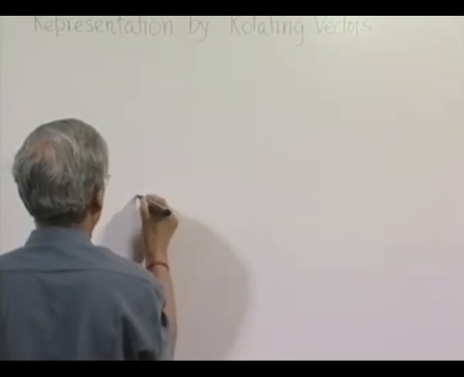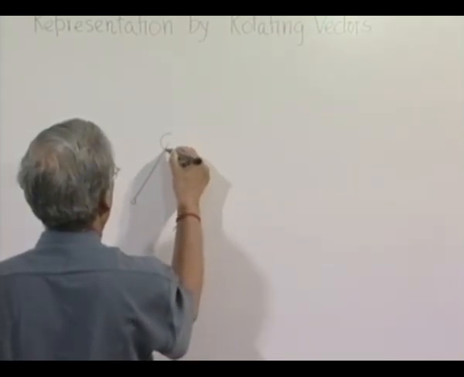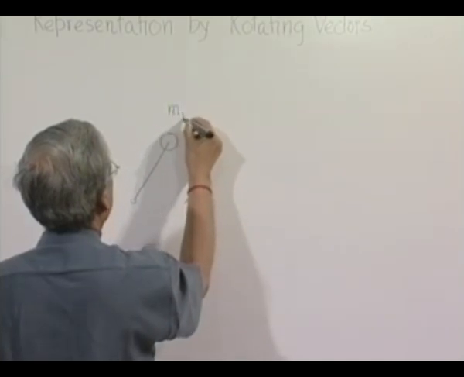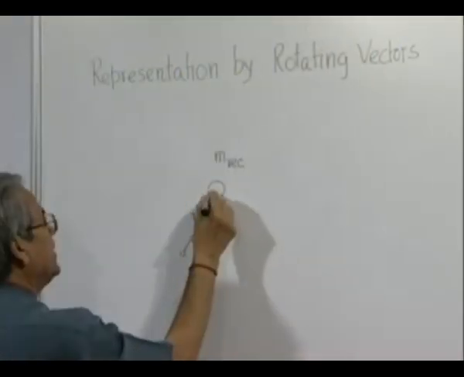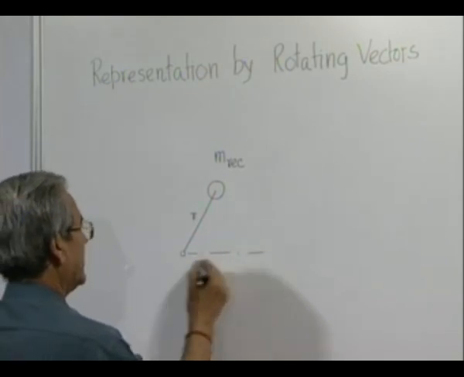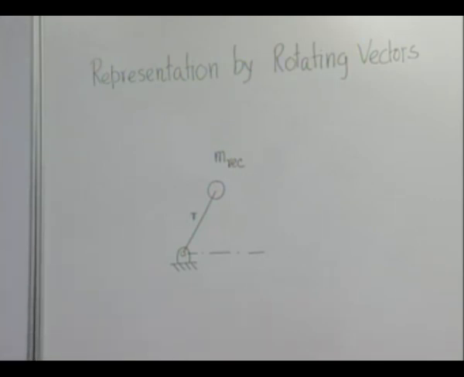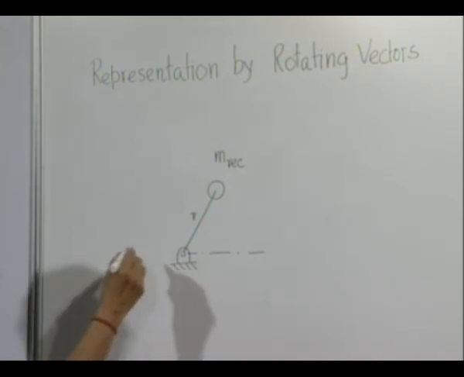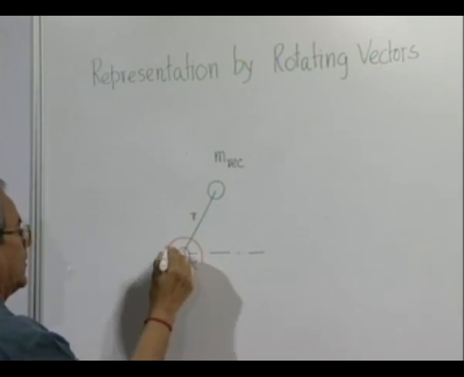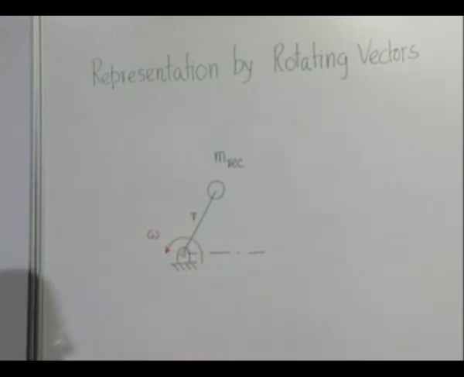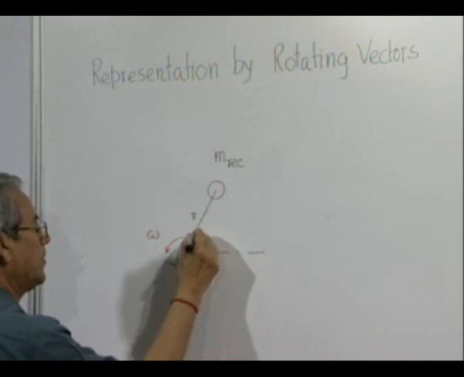So, if we consider that the reciprocating mass has been kept at the crank pin, and this is the crank which is rotating with an angular velocity omega like the actual crank, therefore this angle will be omega t.